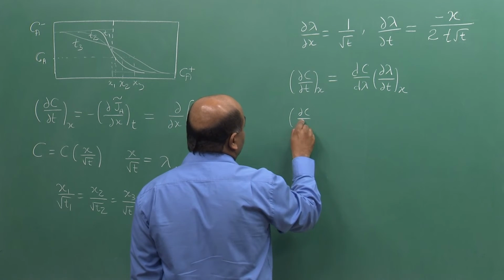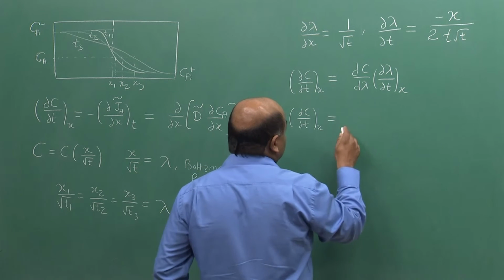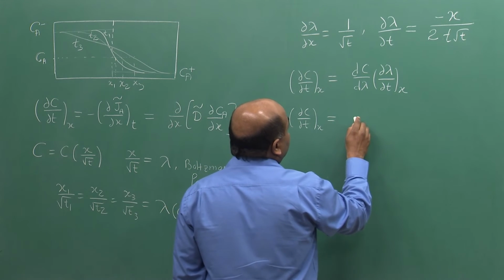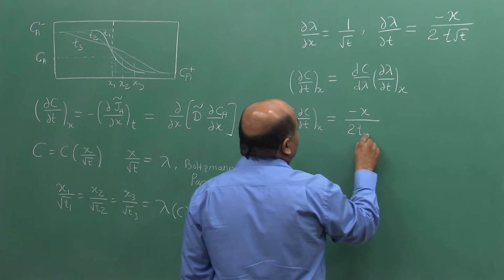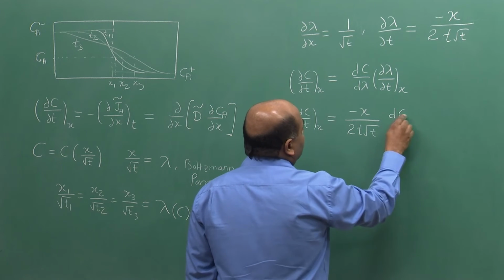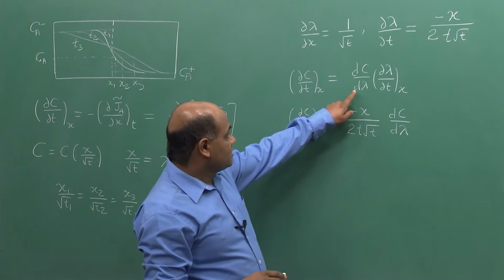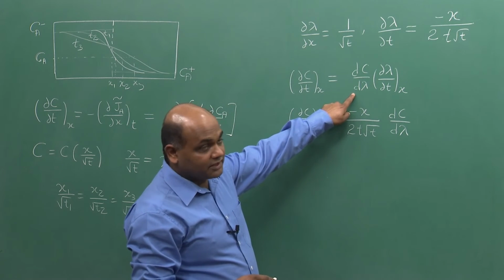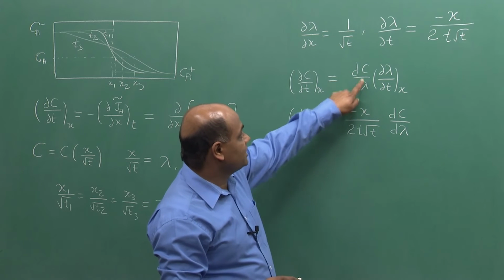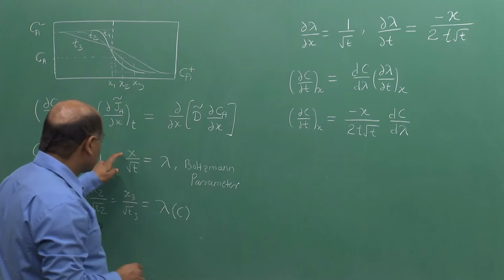So, dou C by dou t at x, which is the left hand side of this equation here, should be equal to minus x over 2t root t times dC by d lambda. Note, we are writing the derivative of C with respect to lambda as an ordinary derivative, because C is a function of lambda. Lambda involves both the parameters x and t.